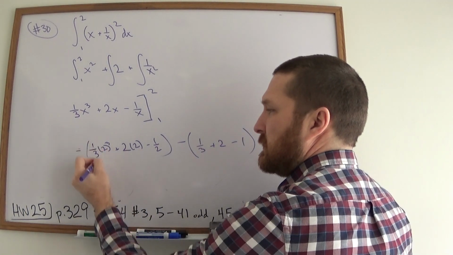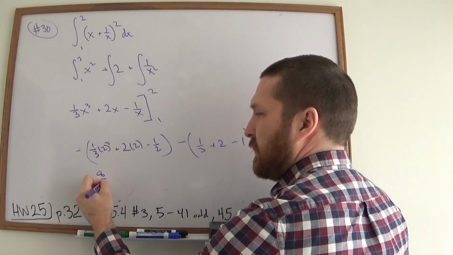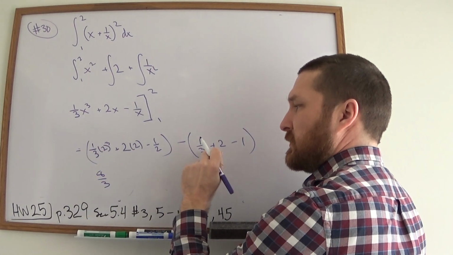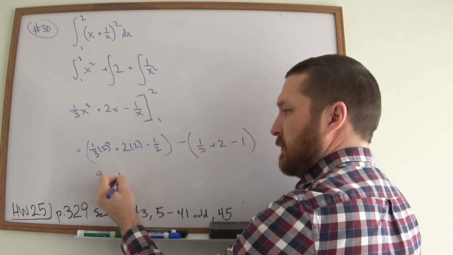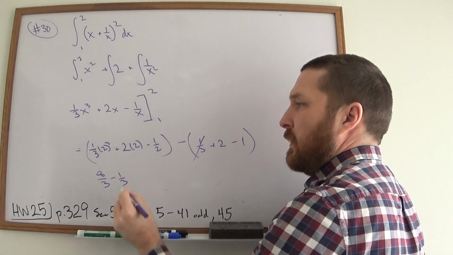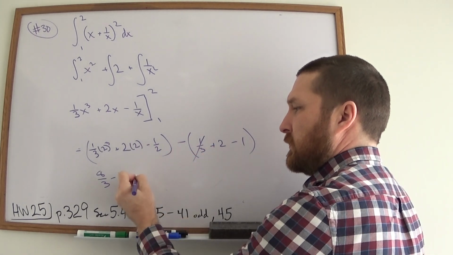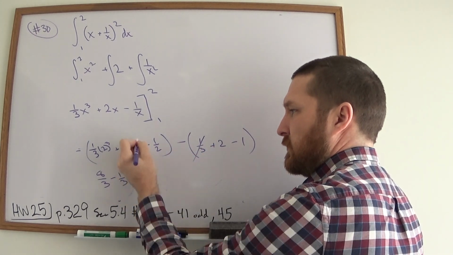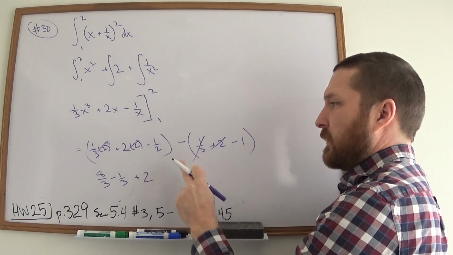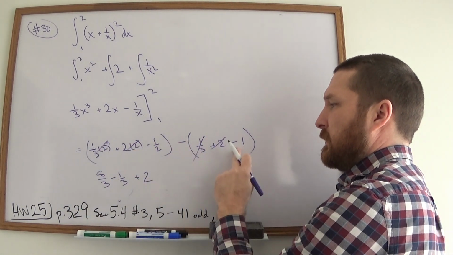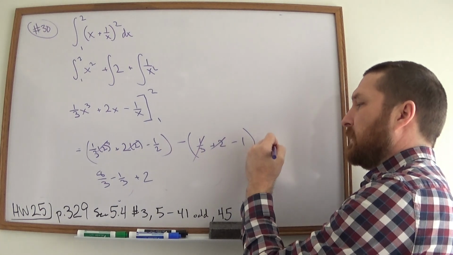So this is 8/3 minus 1/3, 7/3. This is 4 minus 2, just 2. Negative minus minus, so that's 1/2 plus 1.